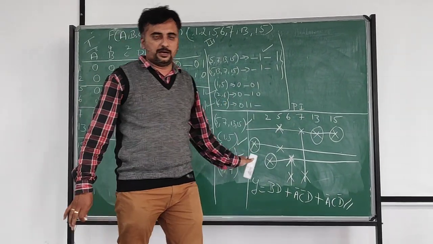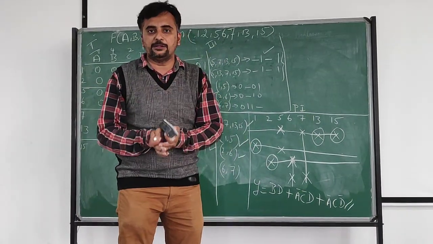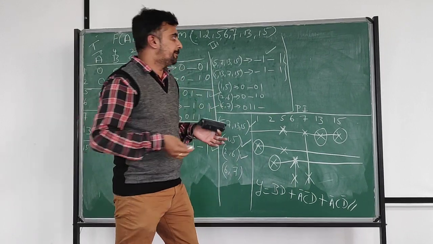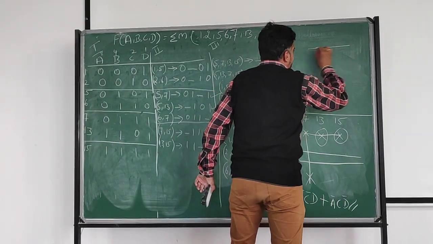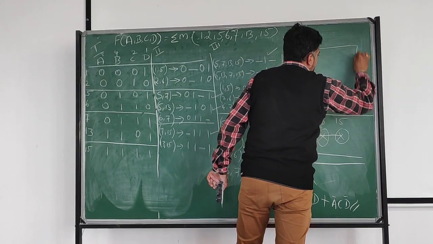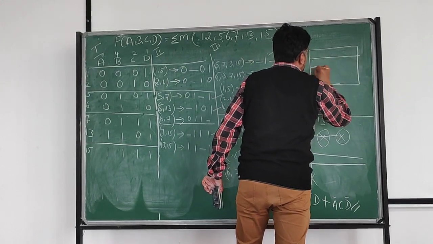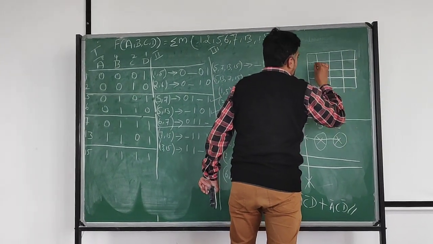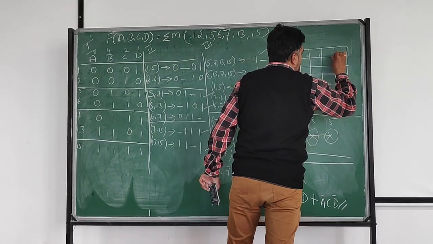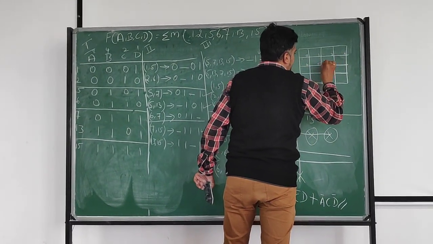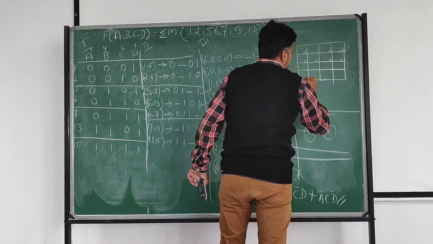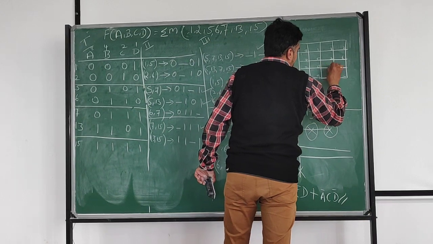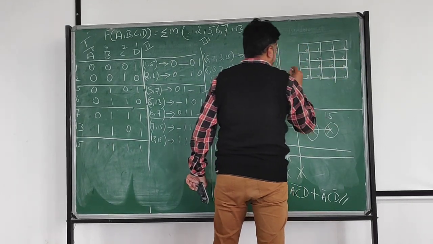After completion of this expression, now you have to verify whether this problem is correct or not. How will you verify? By using a Karnaugh map. Write a Karnaugh map. 0, 1, 2, 3, 4, 5, 6, 7, 8, 9, 10, 11, 12, 13, 14, 15.